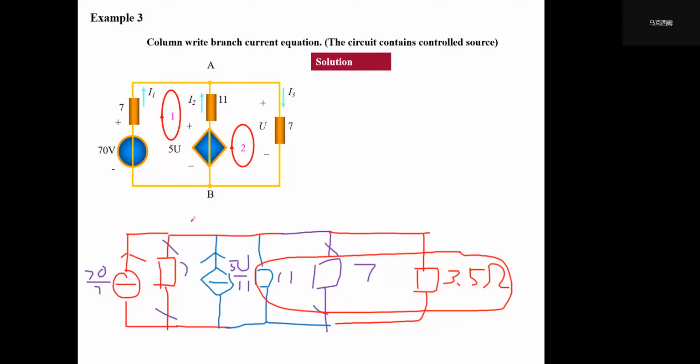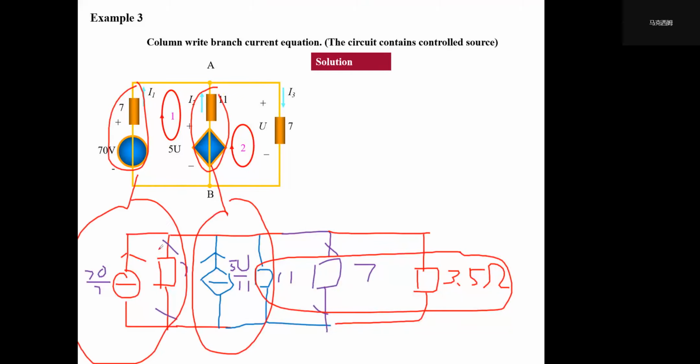So we can also use this trick to simplify this kind of circuit. So you see that this is a second loop, and this one is the first loop, right? We can transform it into this, and we can do the calculation anyway.